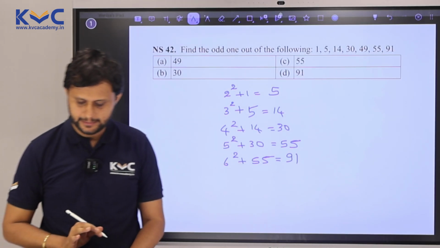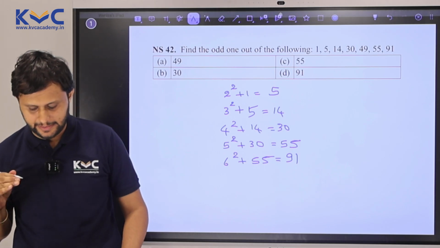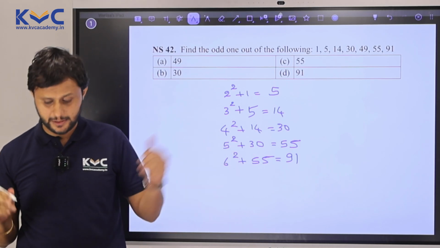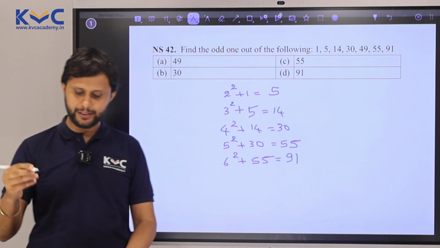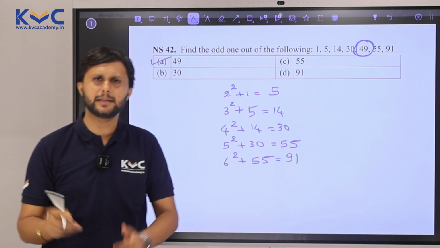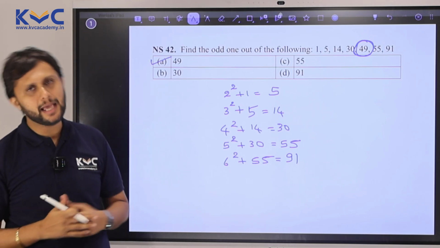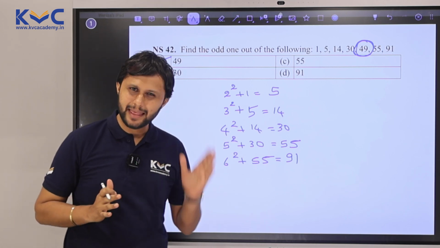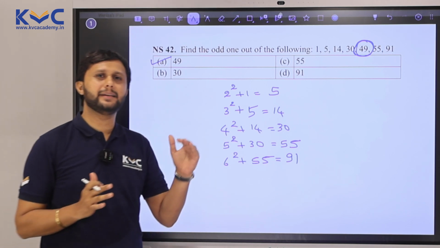So we have got it. Correct? We have 5, 14, 30, 55, 91. 1 was the first number. The only one which was not holding the logic is 49. And that will be our answer. We'll go ahead with 49 to be the right answer. So the logic over here is we are squaring and then we are adding the very previous number.